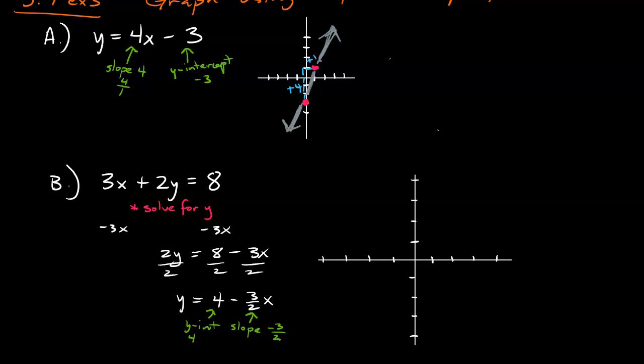So I start by graphing the y-intercept first, which is at 4. From that y-intercept, I have to go down 3 to the right 2. And then I would use those two points to make my line.